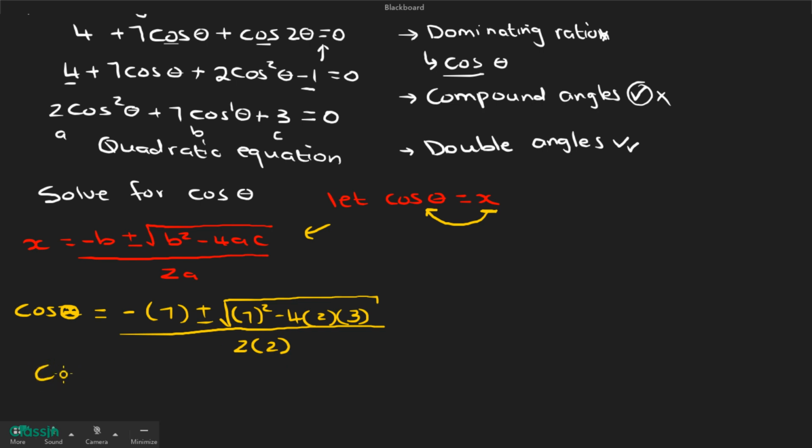So here we've got cos theta equals negative 1 over 2, or cos theta equals, let's say, negative 3, which in this case, theta is undefined.